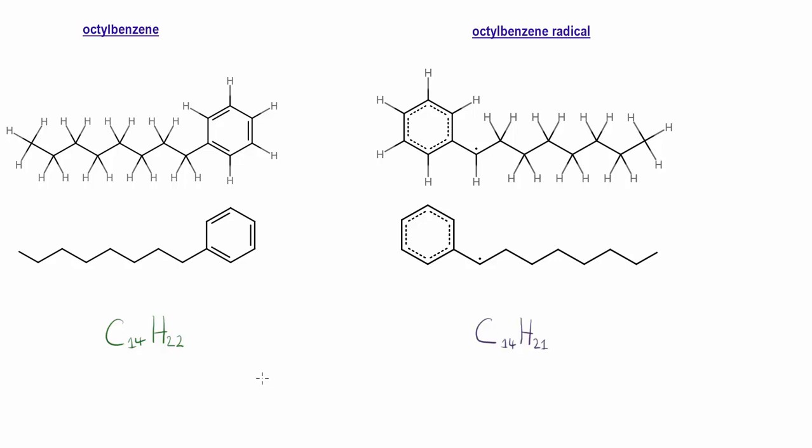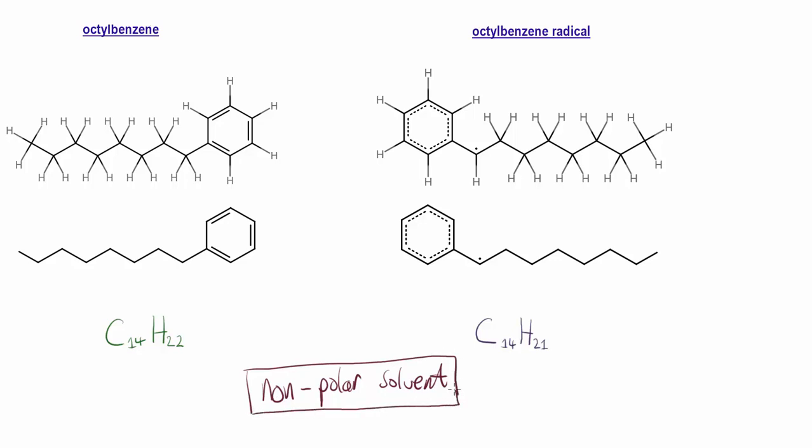But this would be described as a non-polar solvent, and because it's a non-polar solvent, it has specific properties and behavior during reactions which make it quite suitable for certain kinds of reactions. But you can feel free to look into that, look into non-polar solvents, etc. Okay.